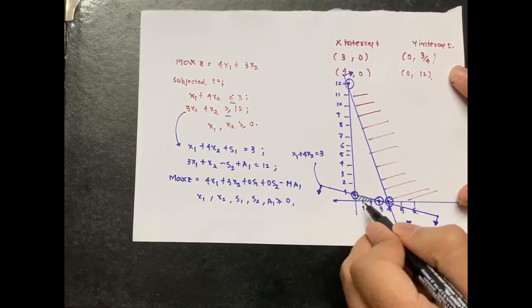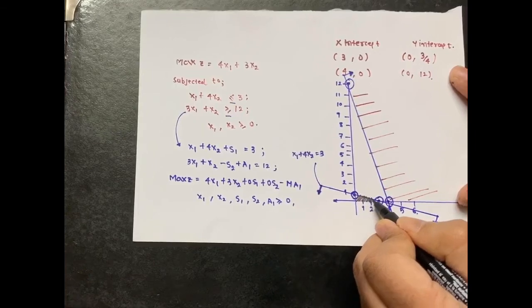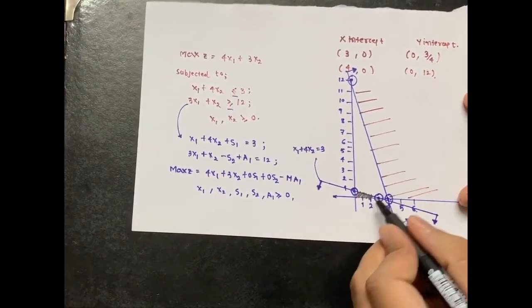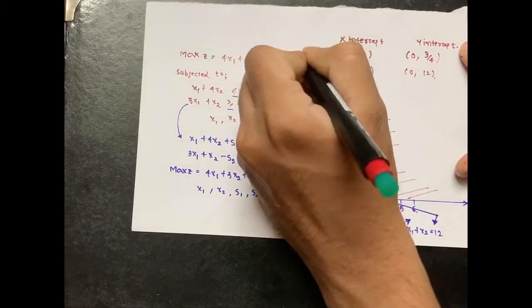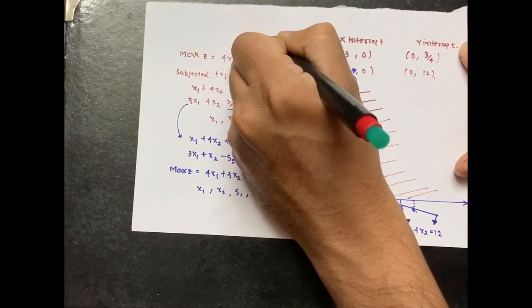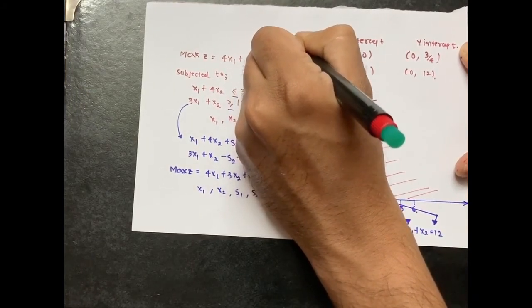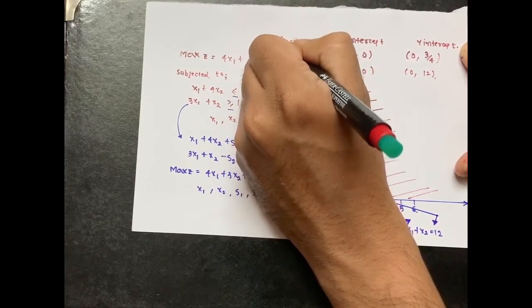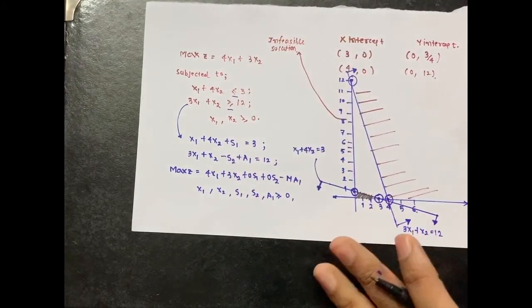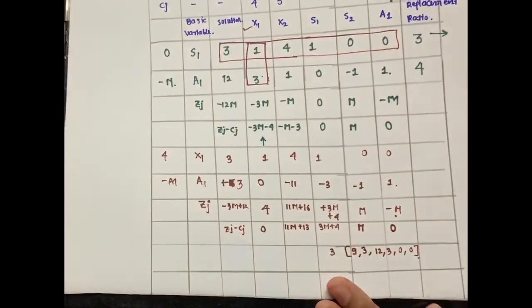For the second case this is the feasible region, and for the first case this was the feasible region. So what we have is that there is no intersection among these two. So from the graphical method it is clear that this is the case of an infeasible solution. Yes, it is our infeasible solution. So now how to interpret this result?